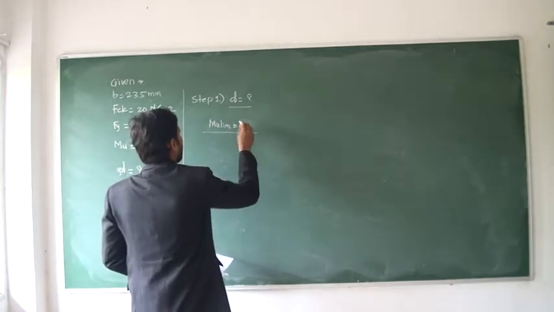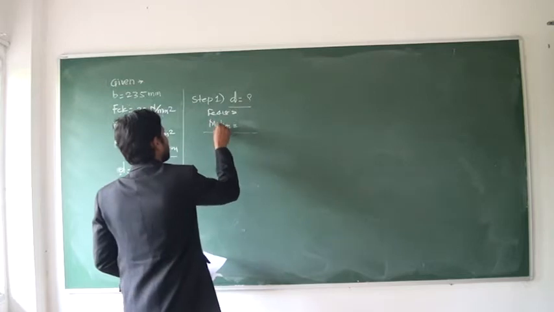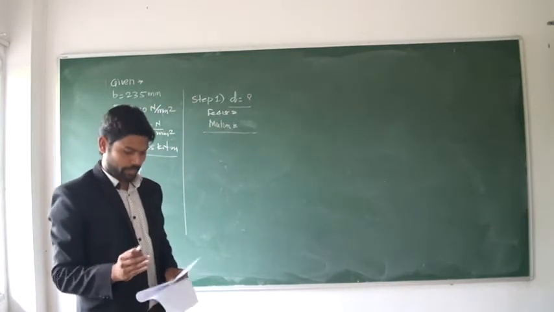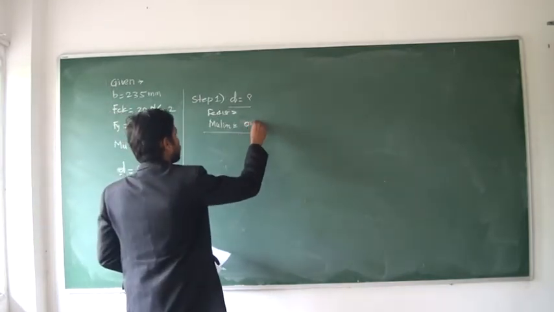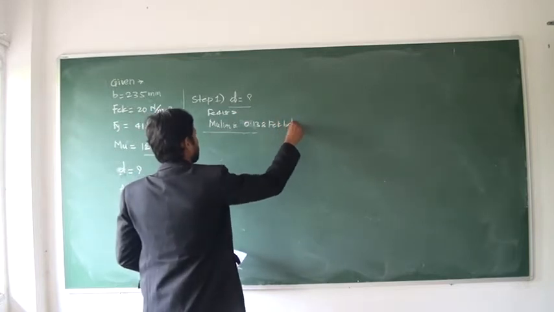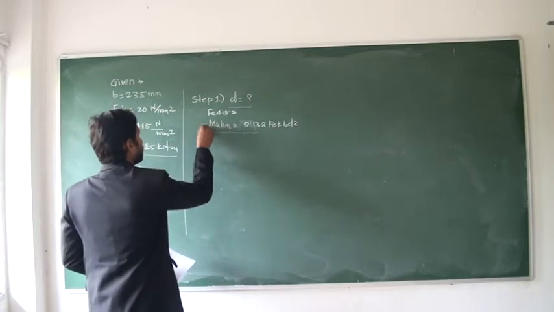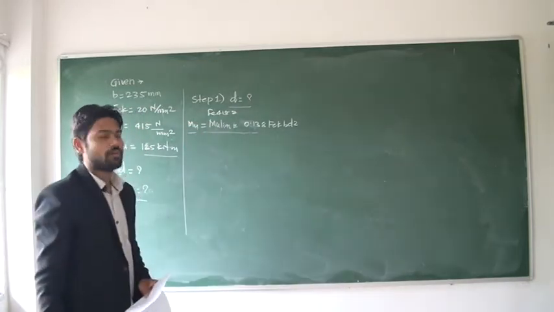For different grades of steel, this equation for Mu limit is given. For Fe415, Mu limit will be equal to 0.138 FCK BD square. And for balanced section, this Mu limit should be equal to Mu.